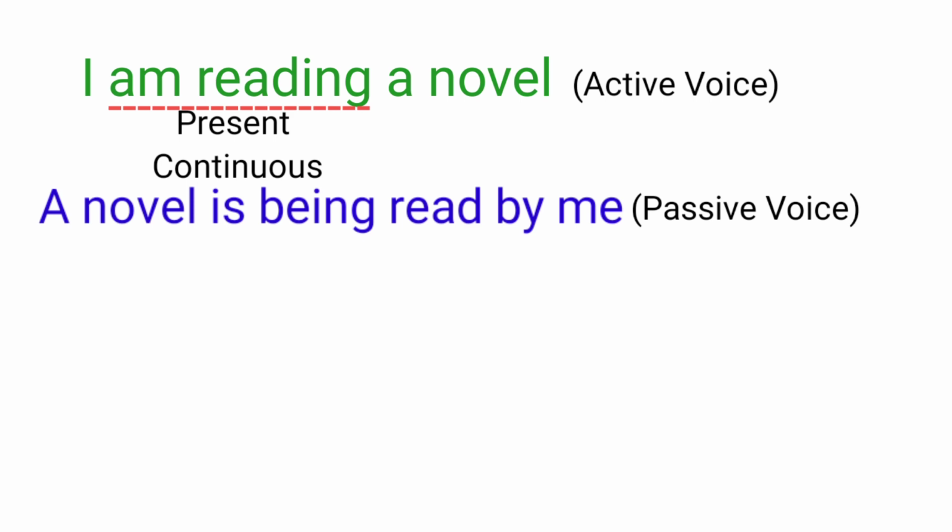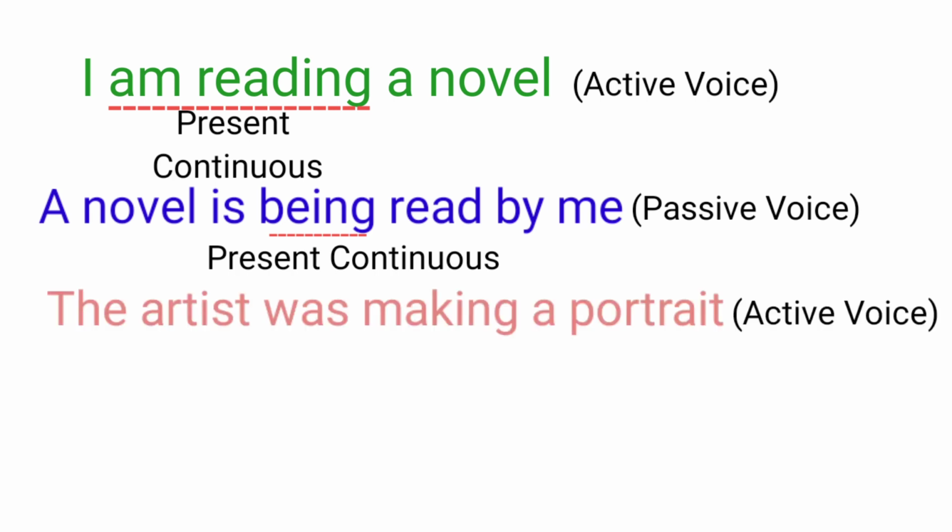It should be in the same tense. So the active was in the present continuous. Therefore, the passive should also be in the present continuous. For that we have used being. A novel is being read by me.